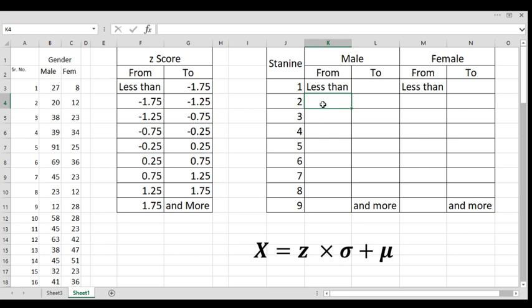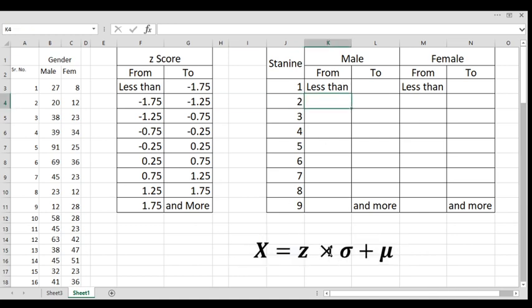For the second stanine, the starting point is minus 1.75 Z and the ending point is minus 1.25 Z. We have to find here the value of observation, meaning the value of X that corresponds to minus 1.75 Z. To find the value of X that corresponds to minus 1.75, we have to use this statistical formula where X equals Z into sigma plus mu. X we have to find.